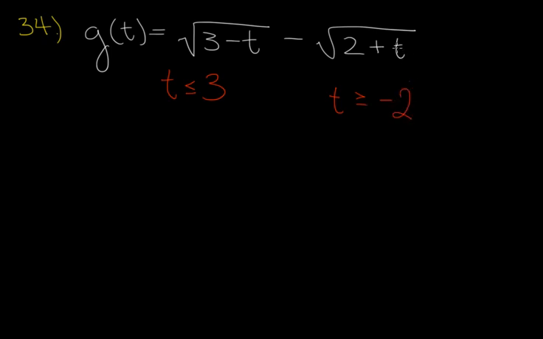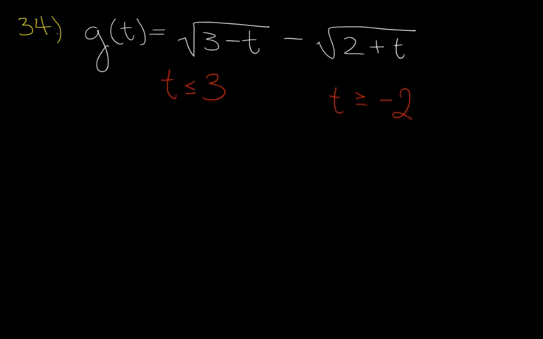Because if you plug in negative 2, you get 2 minus 2, and the square root of that is 0. But if you go lower than that, if you go negative 3 for t, you get 2 minus 3, which is negative 1, and you can't take the square root of a negative number. This minus sign doesn't really matter in determining the domain here, but we have to exclude all these values from our domain.